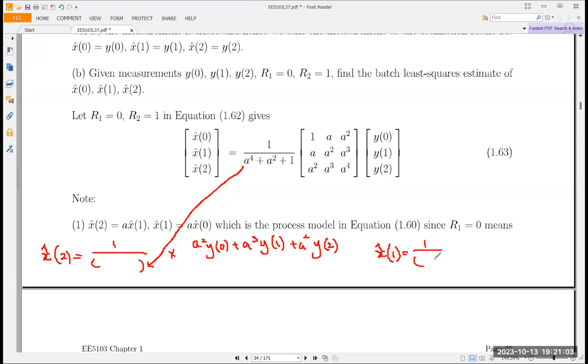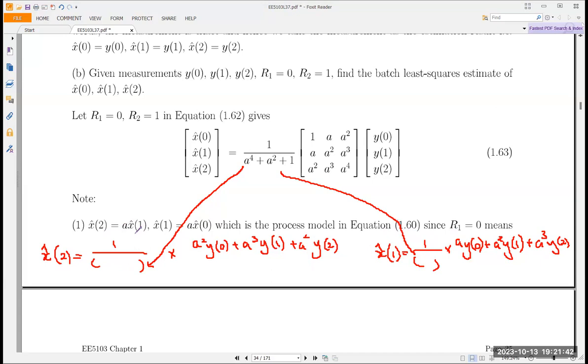Again, it's the same, times this is A Y naught plus A square Y1 plus A cube Y2. You see, X1 and X2 is just a difference of, if A times this, you will get this. So that's why X2 is A times X1.